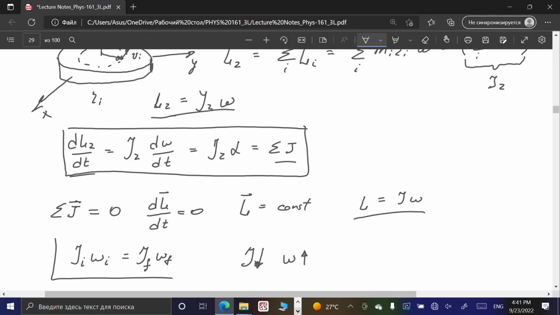The net torque exerted on a rigid body is equal to the product of moment of inertia and angular acceleration. Then we also introduced another important parameter, which is angular momentum. It's the equivalent of linear momentum in translational motion. We have the definition of the angular momentum vector as a cross product of the radius vector, position vector, and linear momentum vector.